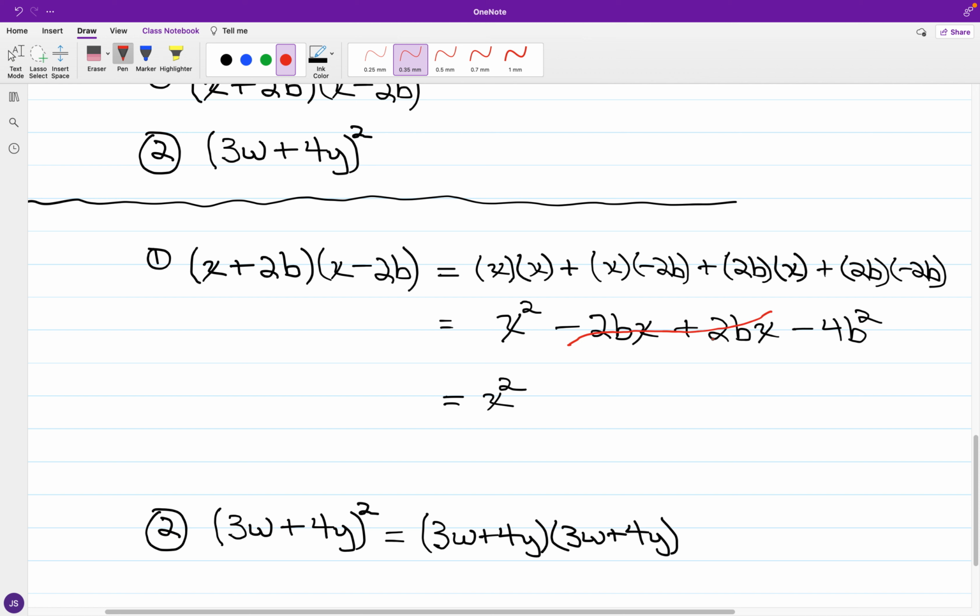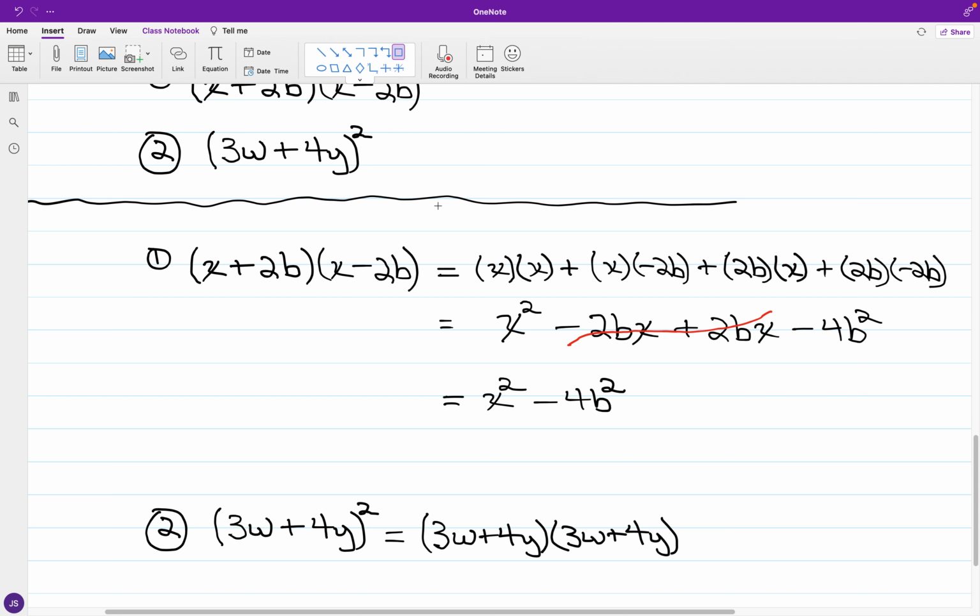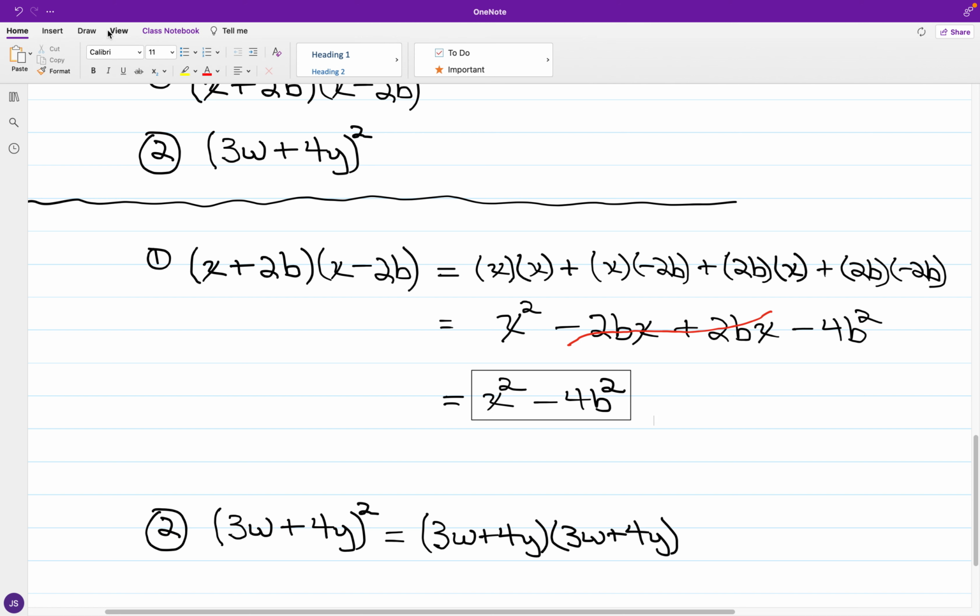So these are going to go out. So we're not going to have a bx term in the output. And left over, we have negative 4b squared. And this is going to be a case of what will be referred to as a difference of squares.